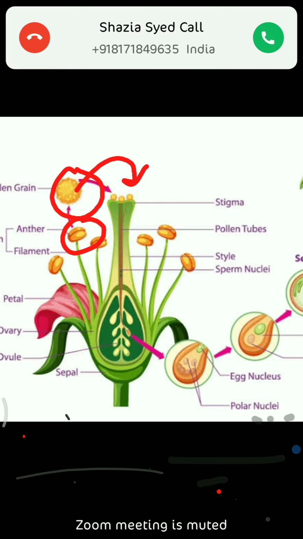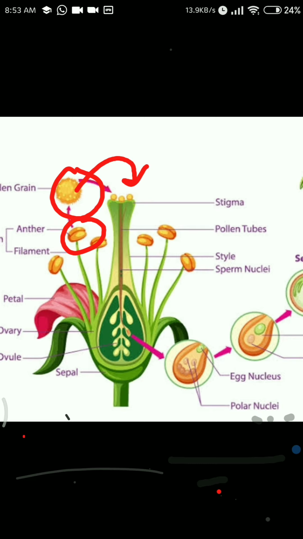Self pollination means there is transfer of pollen grain from the same flower. Like in your book, you must be having the book in front of you, page number 40. The transfer of pollen grain from the anther to the stigma of the same flower, or it can be to a different flower of the same plant.